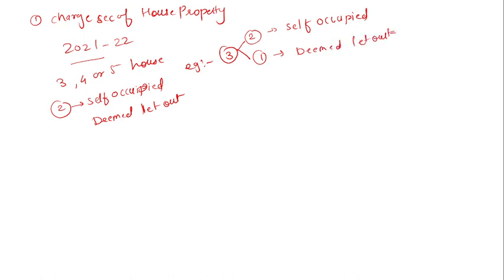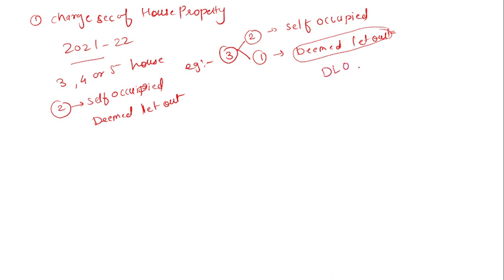It may not actually be let out, but we assume that it is deemed to be let out. In short, we say DLO.